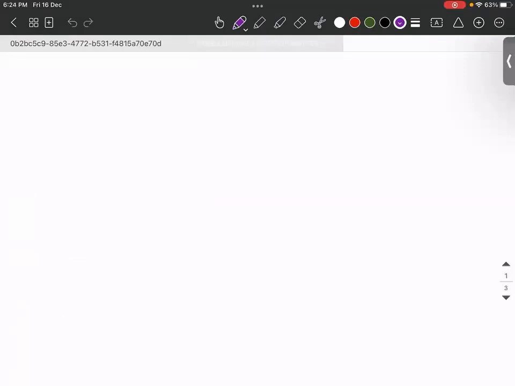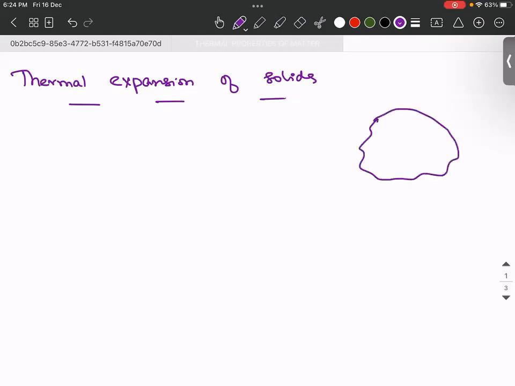So now write down the heading as thermal expansion of solids. Okay. So basically, when you take a solid, and when the solid is supplied with some heat, its temperature is obviously going to rise, no doubt in that.